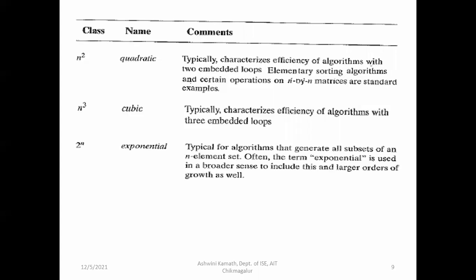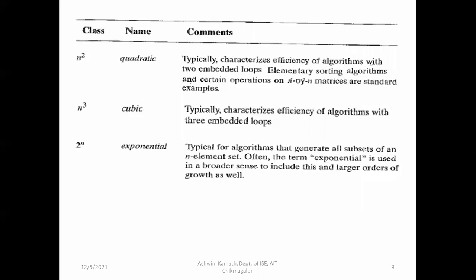Then 2 to the power of n. 2 to the power of n is usually called exponential, because it grows very fast. The order of growth of an algorithm with efficiency 2 to the power of n is larger. That's why it is called exponential.